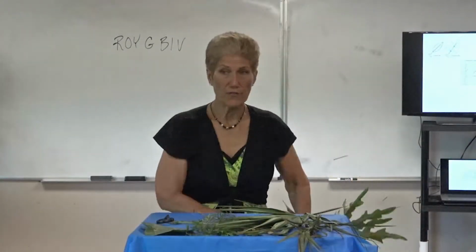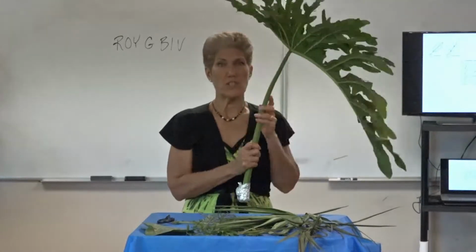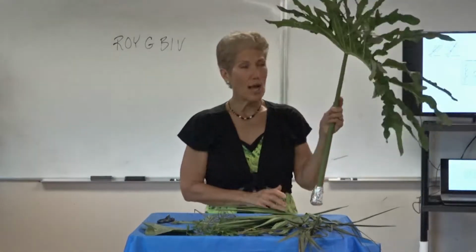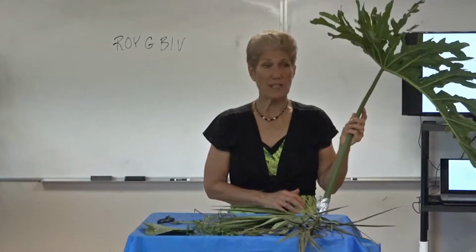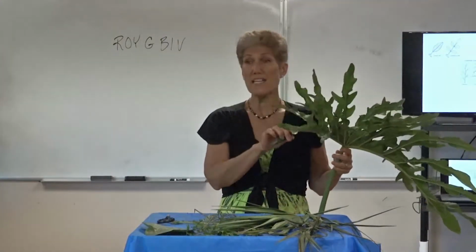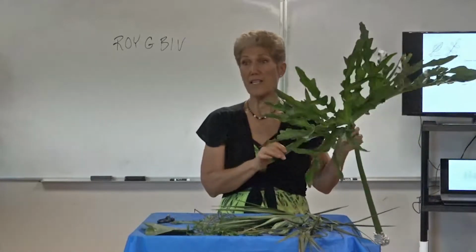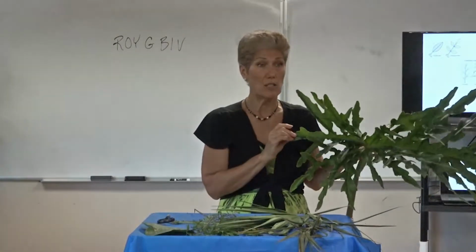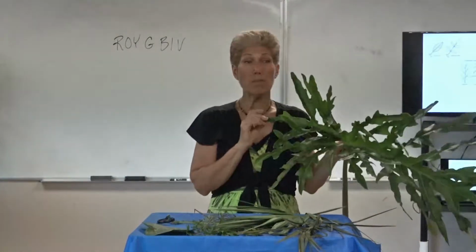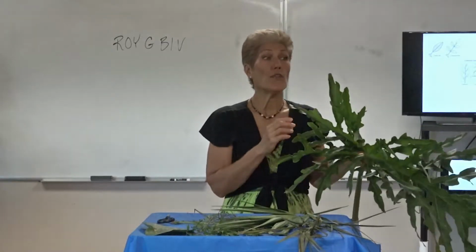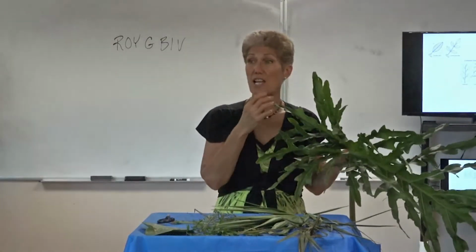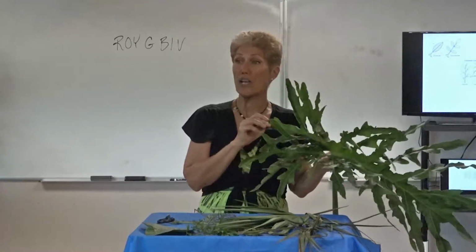All right, first off, the job of leaves. And I brought one big one just to make a point. The job of leaves, once again, is to photosynthesize. They are making food from light. So the green pigment in plants is called chlorophyll. And chlorophyll is the pigment, which is a color that catches the sunlight and allows the plant to make sugars out of it.